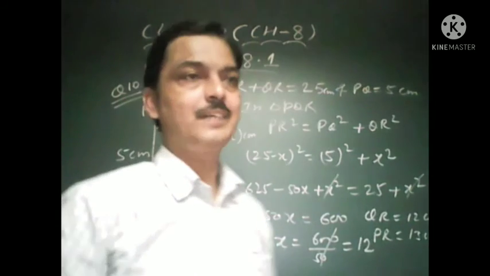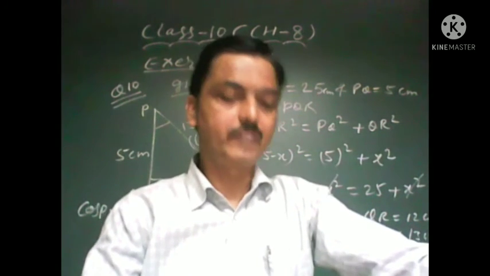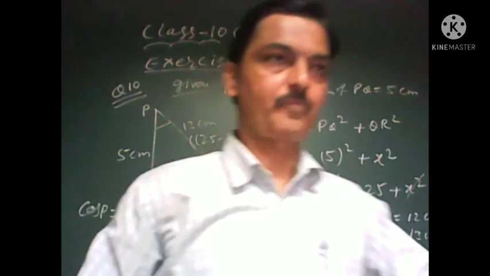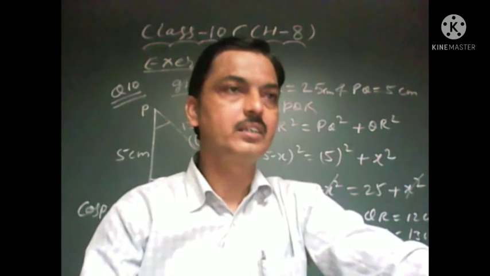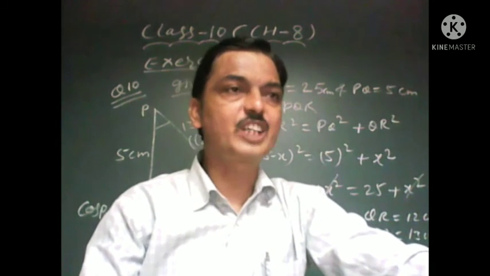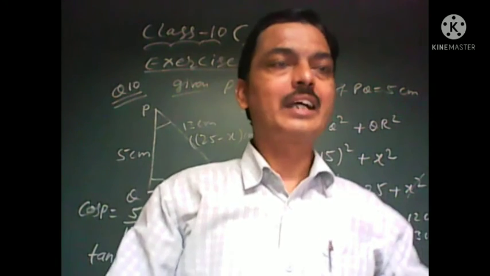Now in question number 11, we have true false questions and we need to justify our answer, right? So students, read the question statement carefully, and the first statement given is: the value of tan A is always less than 1, right?